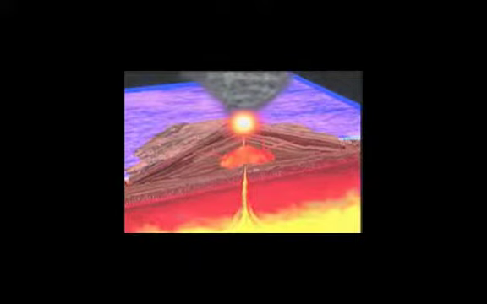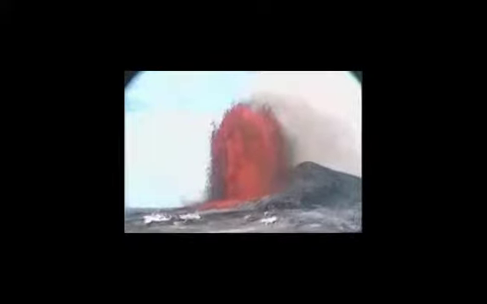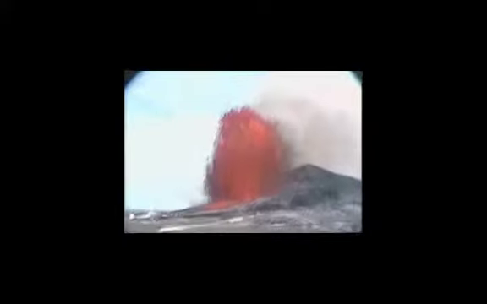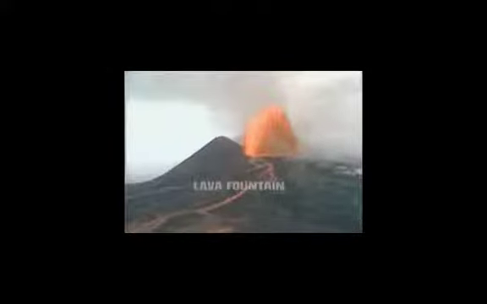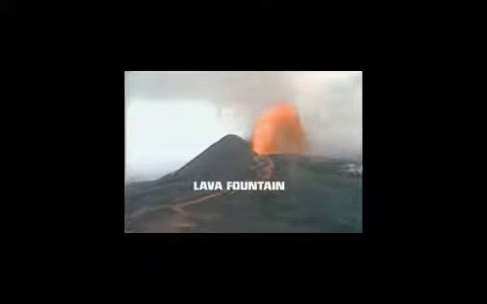Seldom do hotspot volcanoes erupt with the explosive force of volcanoes like Mount St. Helens. But what they lack in explosive impact, they make up for in showy displays. Lava fountains are typical of these kinds of volcanoes. Lava can shoot hundreds of feet into the sky for days on end.